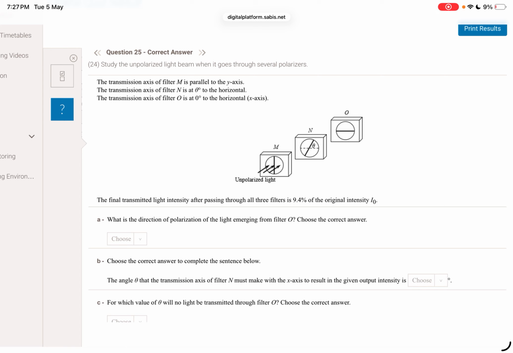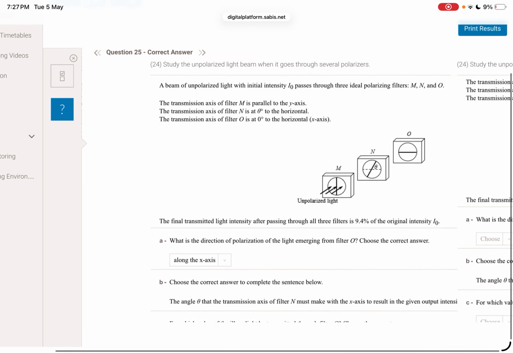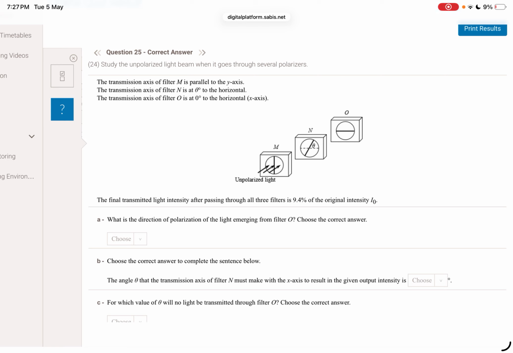When you solve it, you put it equal to 0.094, and you'll find in the end it is 30. I'm not really sure about this, because I don't know why it's not given here. But if you don't understand me, feel free to text me. I'll explain it to you privately.